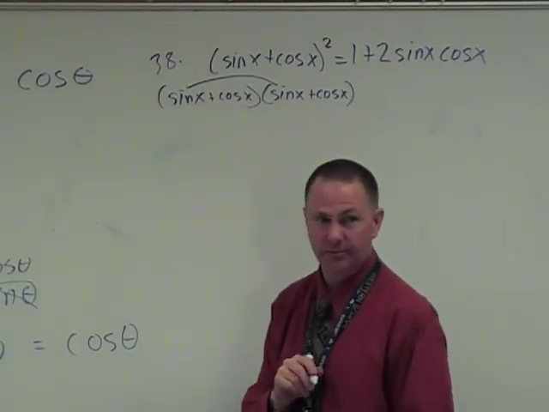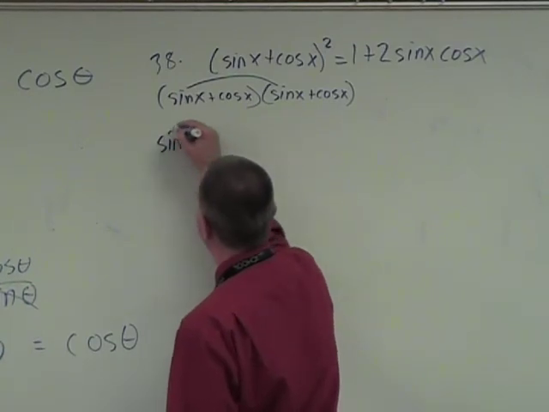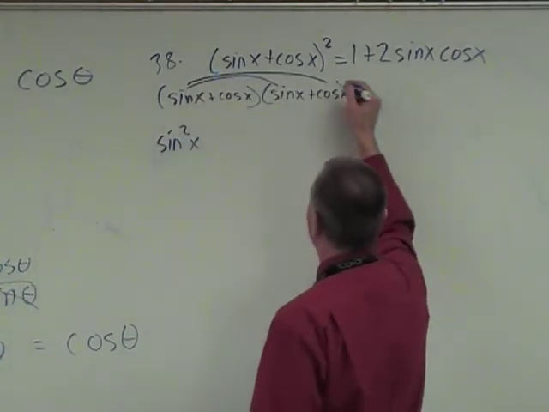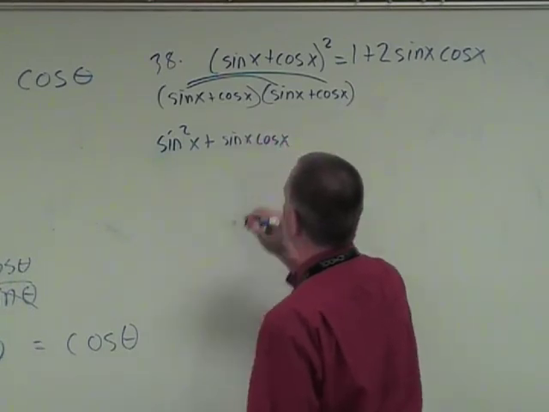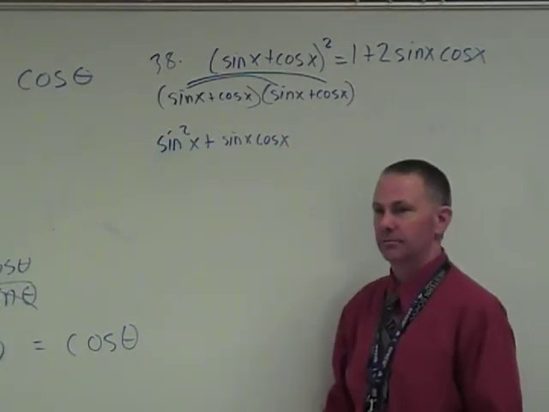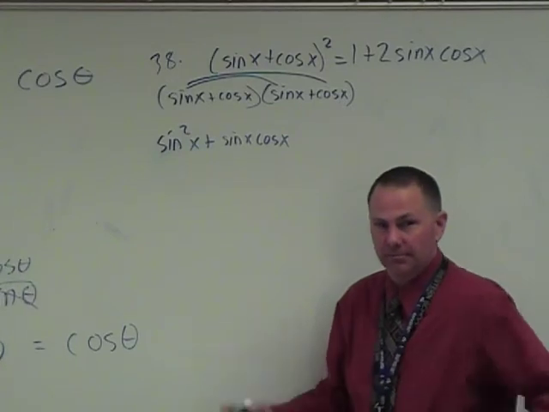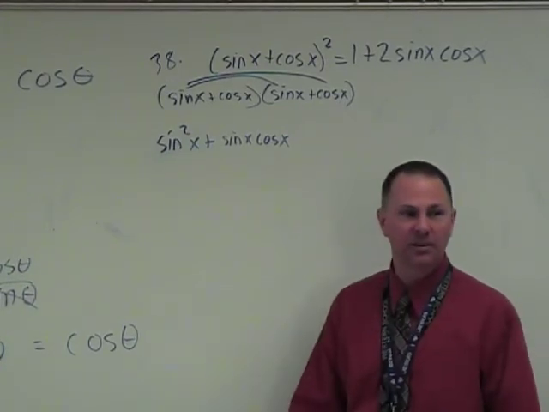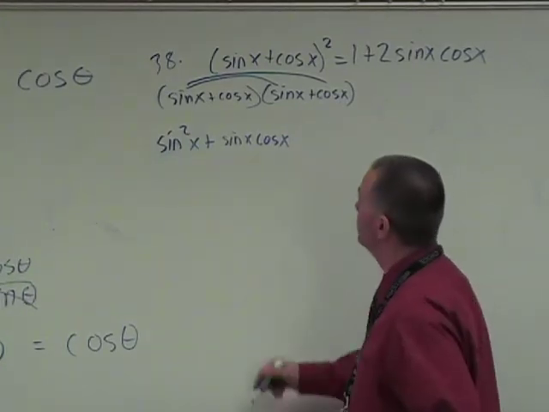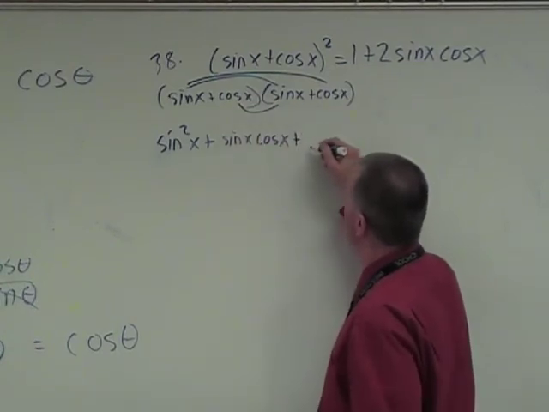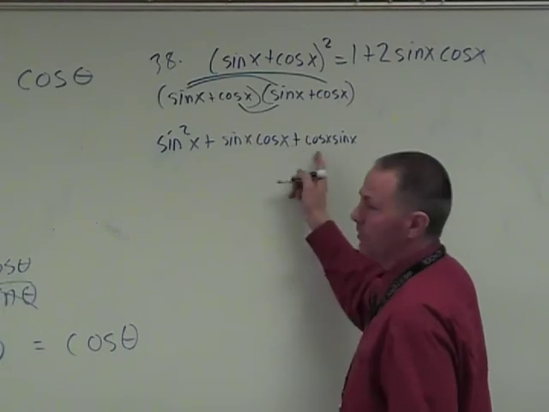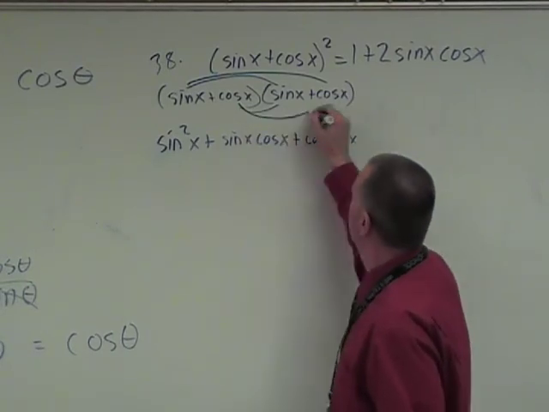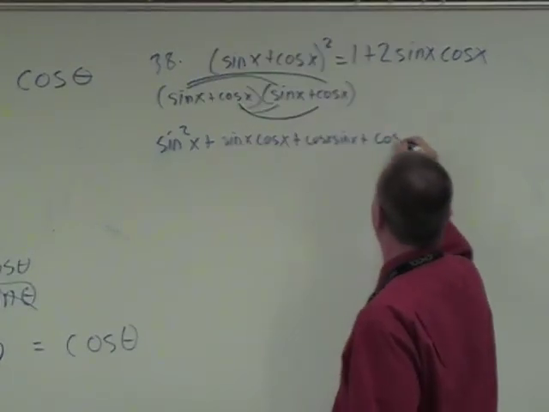Right so far? Sine squared of x plus sine of x cosine of x. Sine times cosine, I can't put them together anyway. That doesn't do anything, so they're just there. Plus cosine of x sine of x, which those two are the same, plus cosine squared of x.